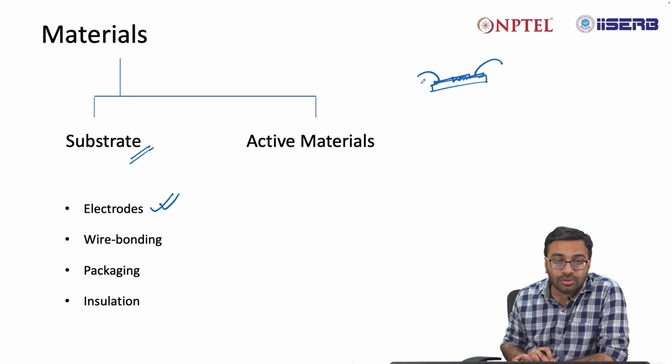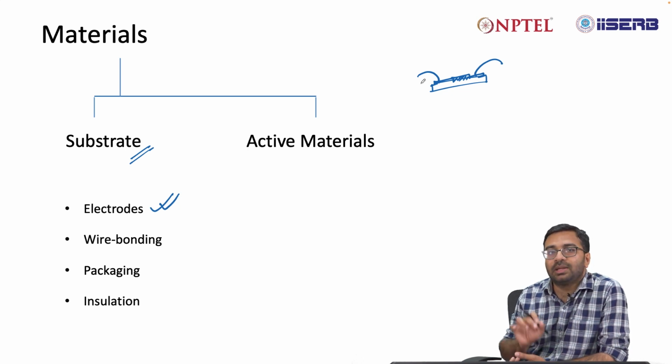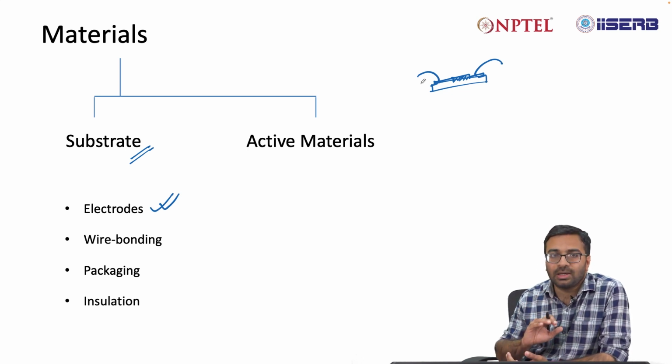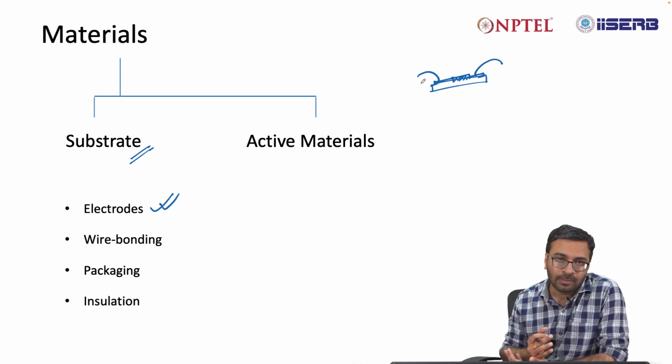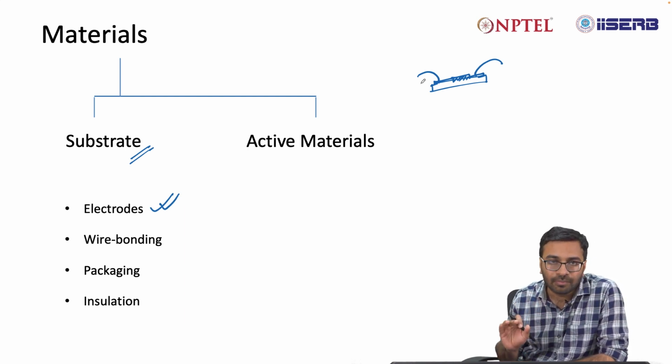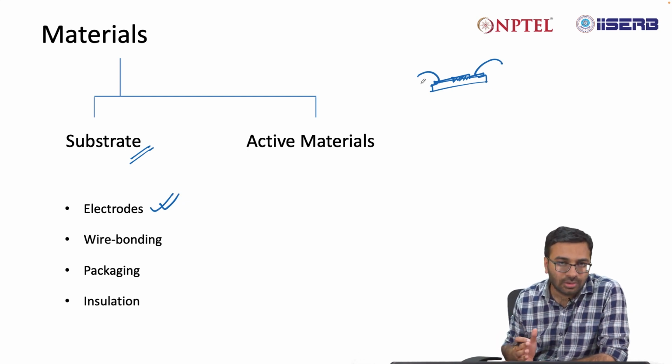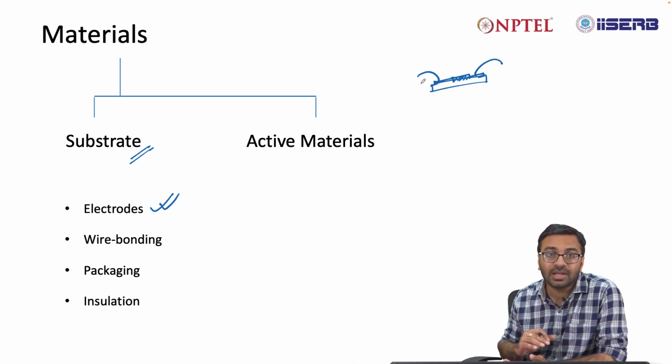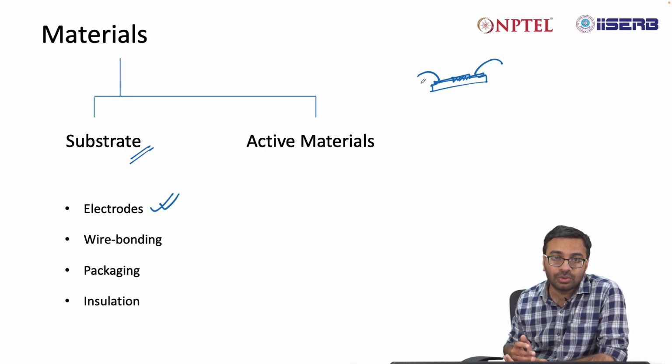Then for packaging also you need material, because once you make the device, that device has to be encapsulated with a packaging material. In most of the cases when you see an IC, all ICs look the same because they are packaged in that way. So all are mostly covered with a black material. So this is the packaging material. So you need to choose a packaging material based on the sensor.